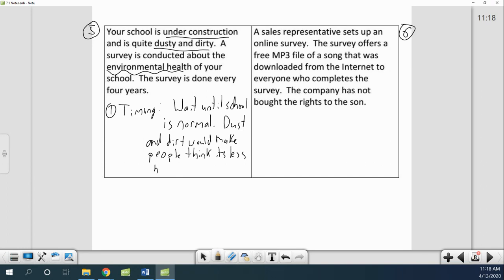And I mean, they're not wrong. In this particular case, it probably is less healthy, but that's not how the school normally is, right? It's less healthy for a few weeks while they get their construction done. And so if they were to wait till their school was normal, and again, they survey every 4 years, they can wait a couple months to do the survey, then you'd have a much better idea of what the general population actually thought about the environmental health of that building.